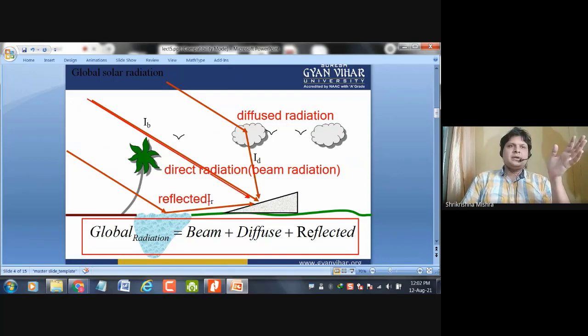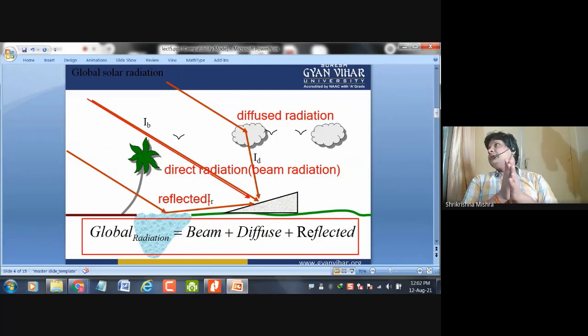All right, so these are the three types of radiations. So globally, the radiations which come onto the Earth's surface are known as global radiation. In global radiation, you can have radiations which are acting directly on the Earth, which are the direct radiations. Direct radiation is also known as beam radiation, and there can be diffuse radiation. So the sum of the direct radiation and diffuse radiation will give you the value of global radiation.